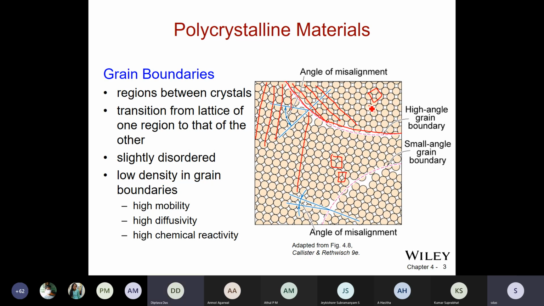So the orientation of the atoms in grain number 1 is different than the orientation of the atoms in grain number 2. And similarly, here the orientation is again different.